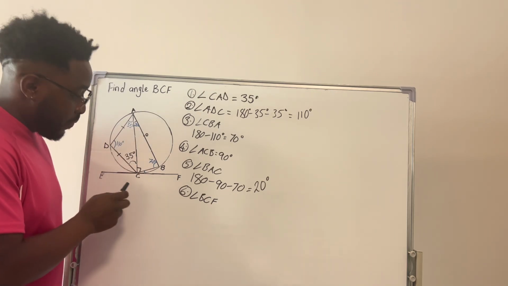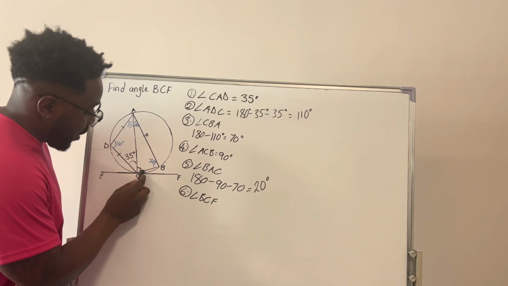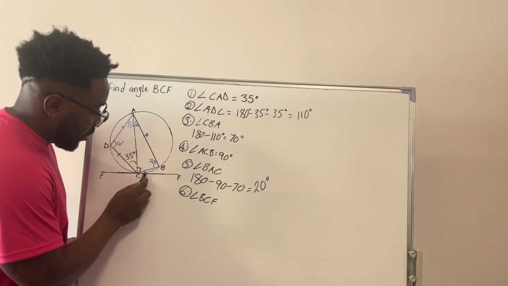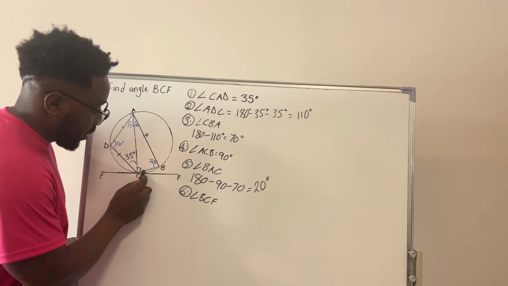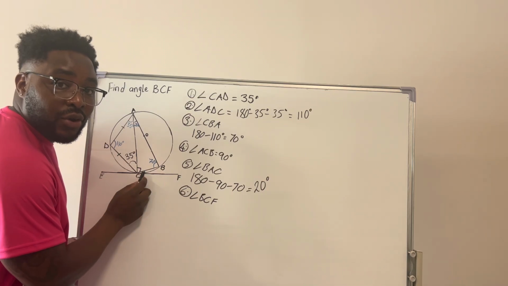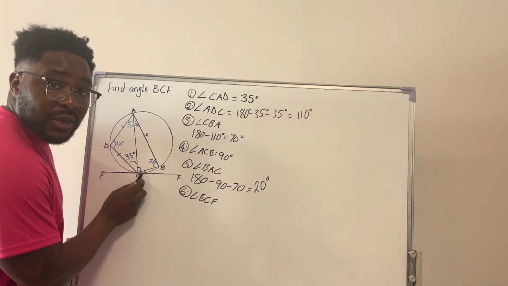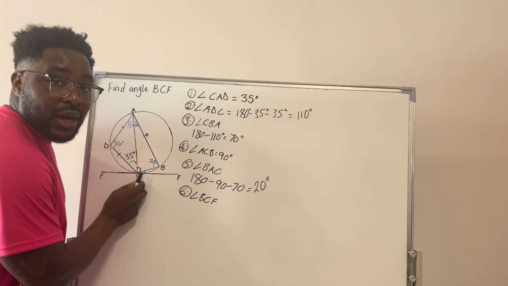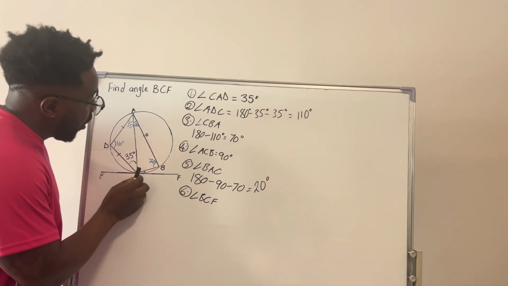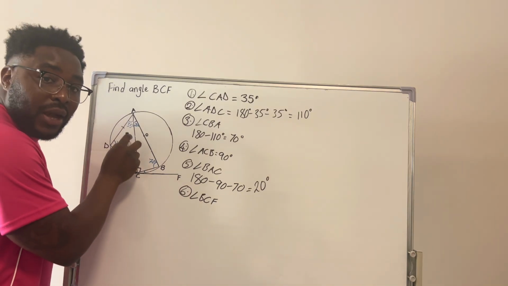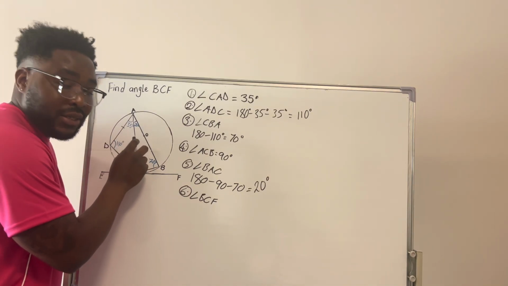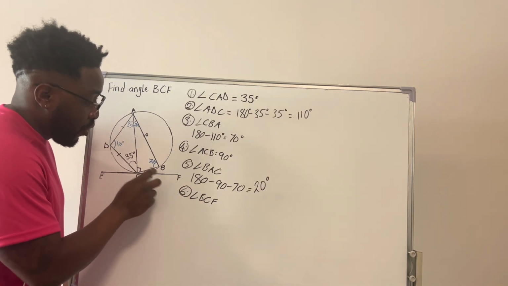So this angle over here, between the tangent and the chord drawn from a point of contact, is equal to the opposite angle subtended by what? By the same chord.